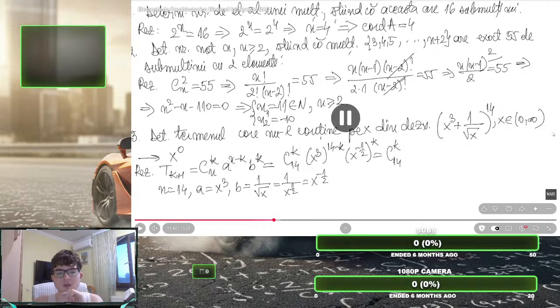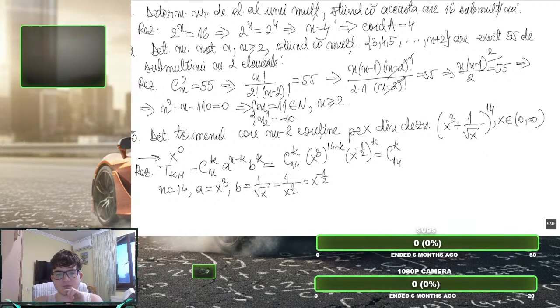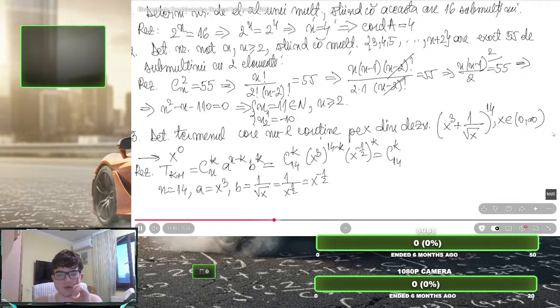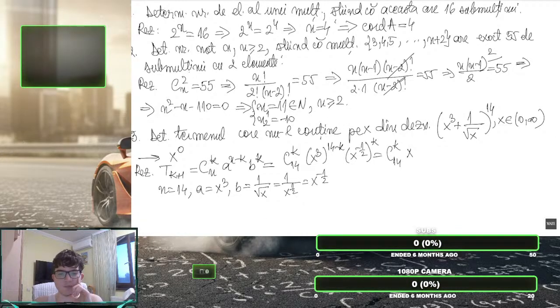So right here, C14k, and essentially what I need to do, x times that, so x at the power of 42 minus 3k times x at the power minus k divided by 2.